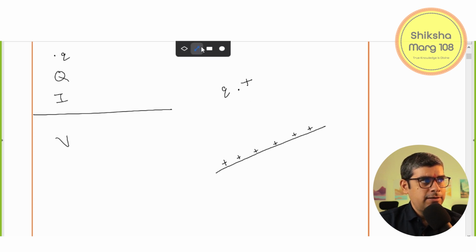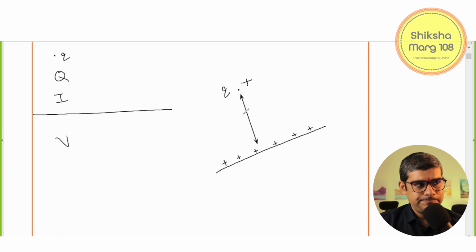Now this positive test charge is separated from this line charge by a certain distance, and it is such that these both are happy away from each other. What does this mean? As we know, like charges would always repel each other, and unlike charges would obviously attract each other.